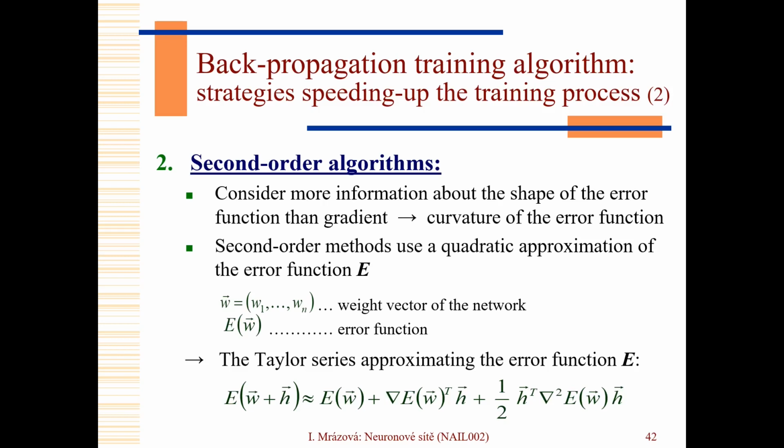The second type of algorithms that might be used for speeding up the training process, the so-called second-order algorithms, take into account more information about the shape of the error function than just the gradient. They consider the curvature of the error function.